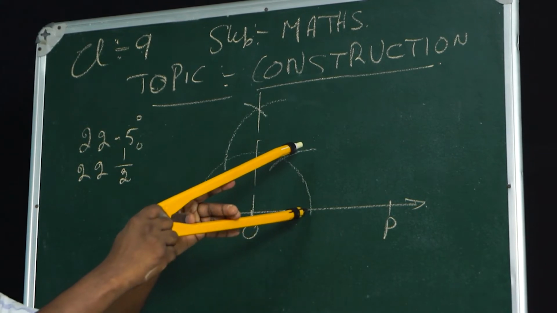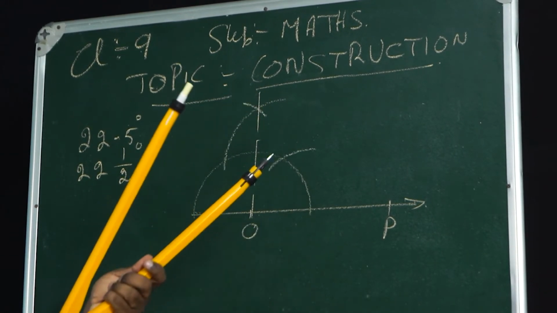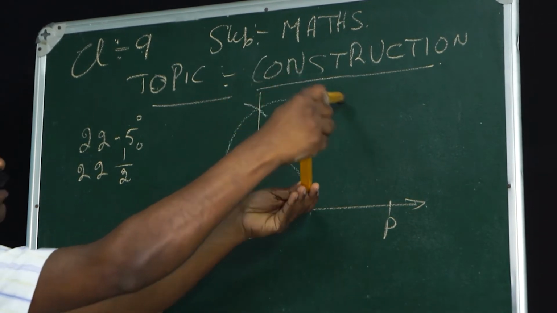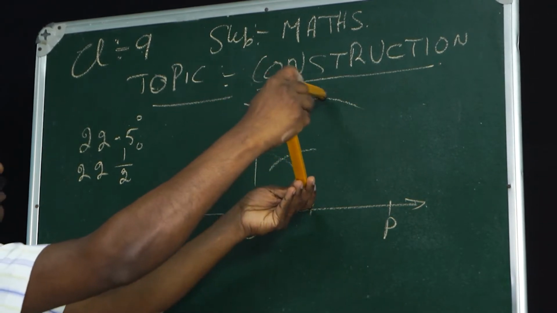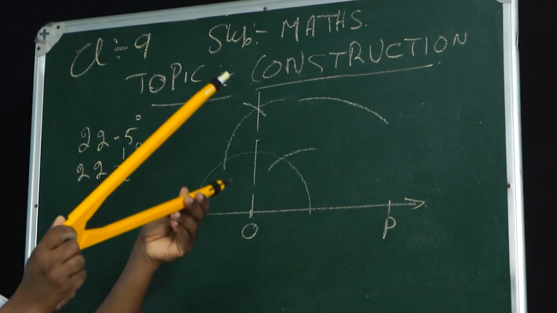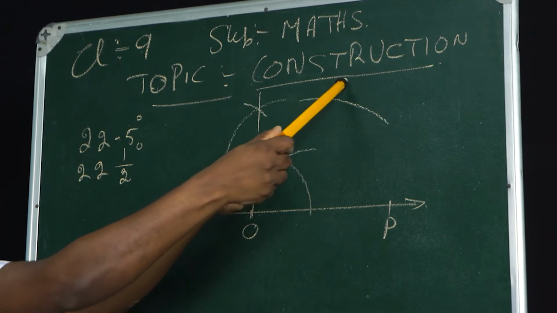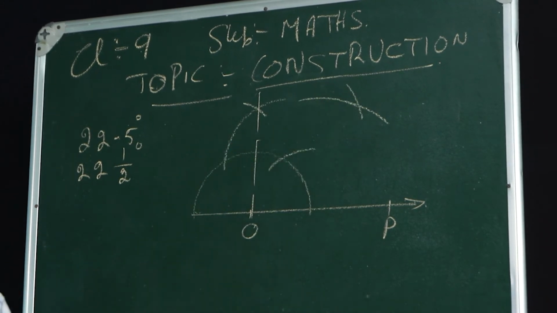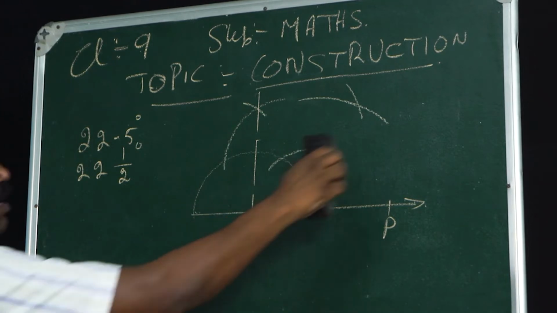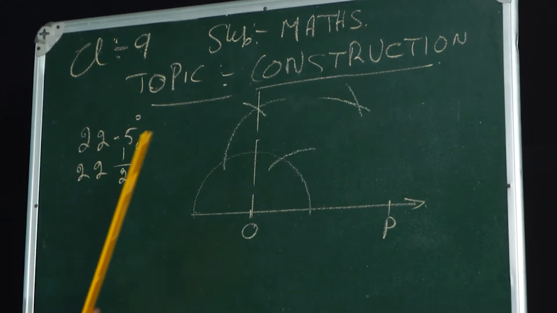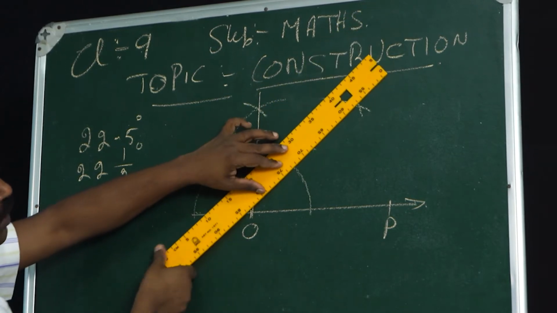Keep the compass where the arc is meeting the side OP, take a convenient distance and draw an arc. Then, where the 90 degree semicircle is meeting, another arc. Again, this angle also we don't want. We want only 22.5. So, this also with which one? Dot line.